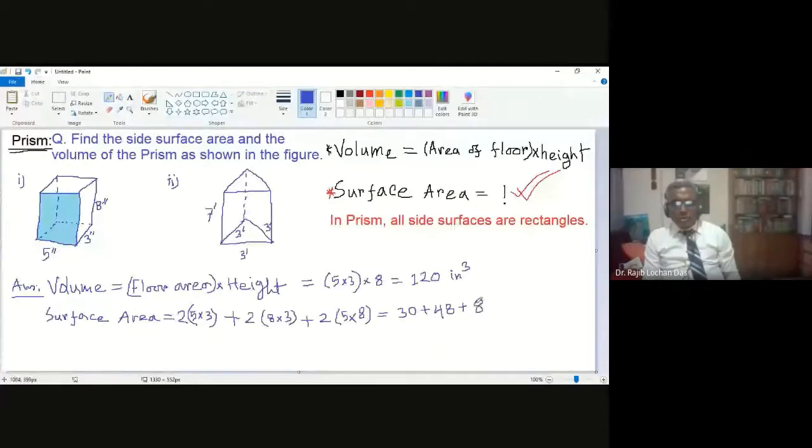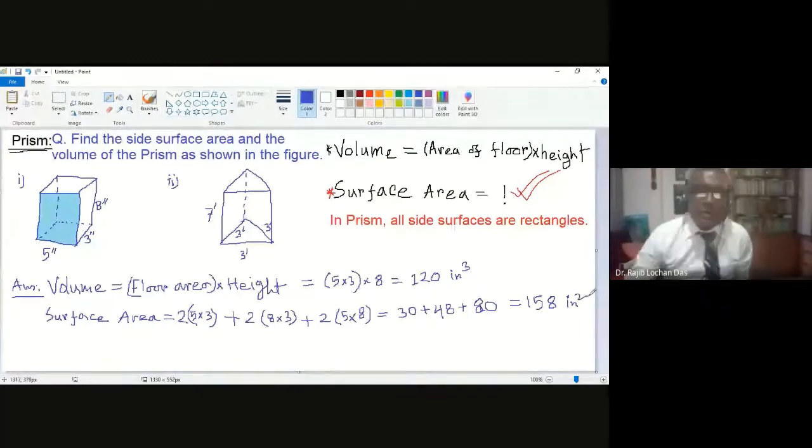So all together you have 158. So that will be inch square. It will be the surface area, and that's it. Okay, done. So what is the second question?